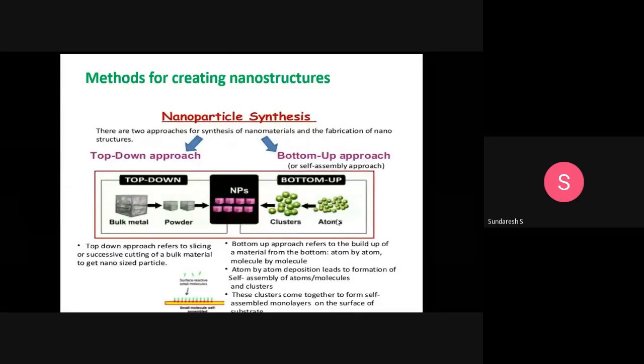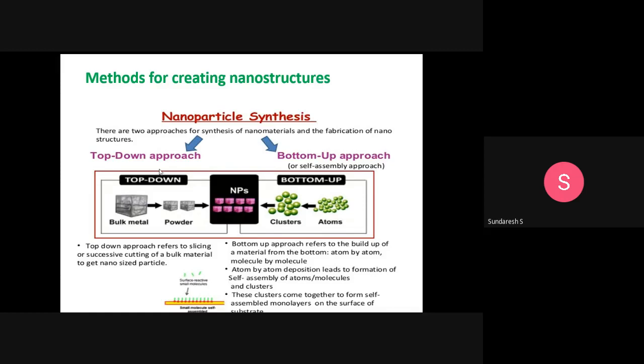When you look at this picture, we have shown how the nanomaterials are synthesized. I think you can easily understand the difference between the top-down approach and the bottom-up approach, and how you can synthesize nanomaterials using each.